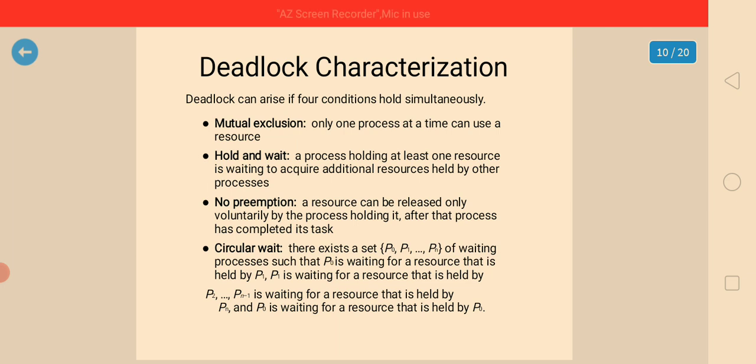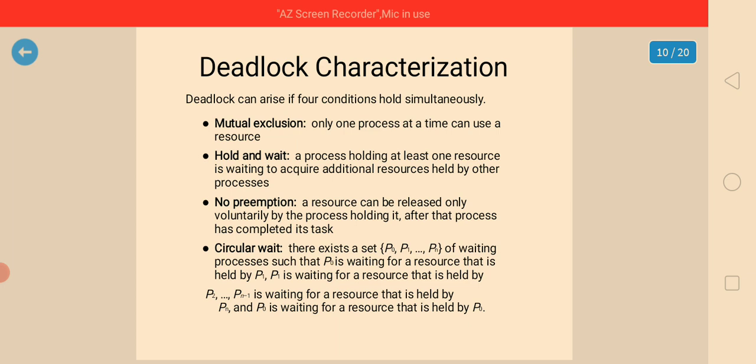There exists a set P0, P1, up to Pn of waiting processes such that P0 is waiting for a resource held by P1, P1 is waiting for a resource held by P2, and so on, Pn minus 1 is waiting for a resource held by Pn, and Pn is waiting for a resource held by P0.